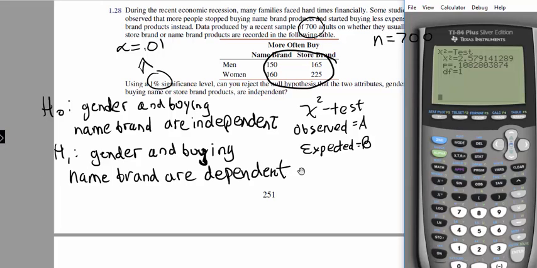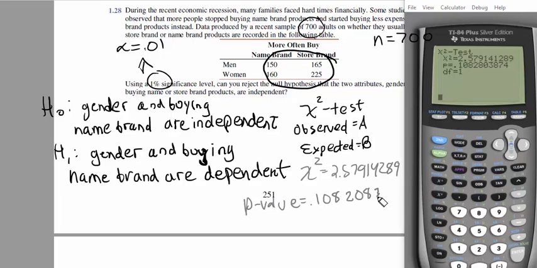So chi-squared is 2.5791429, and the p-value is 0.108.